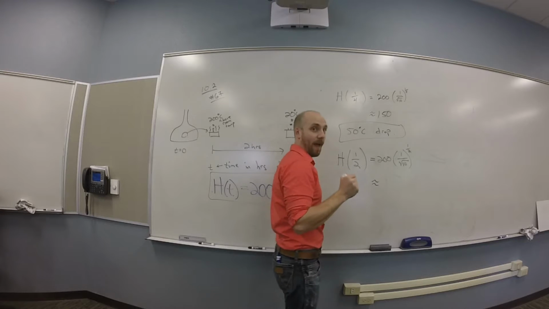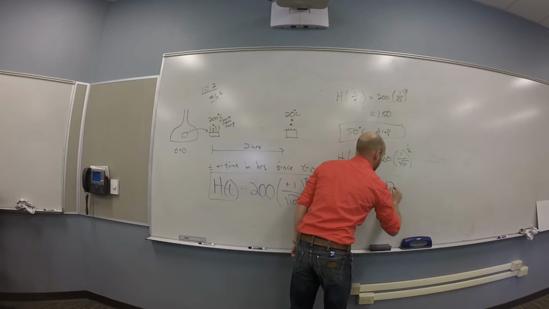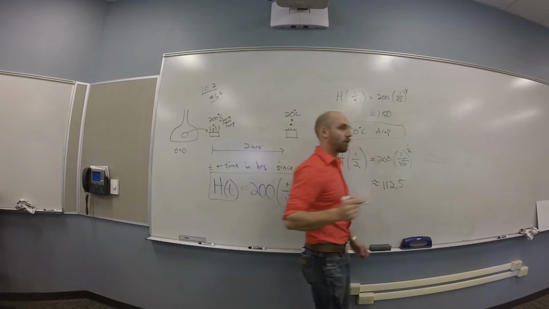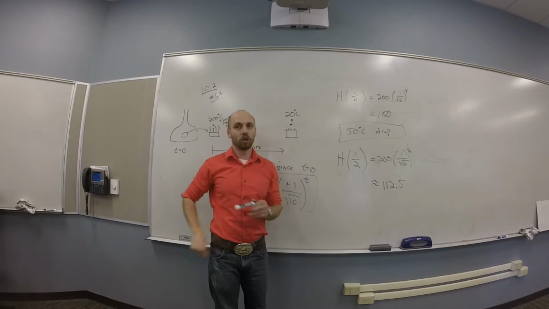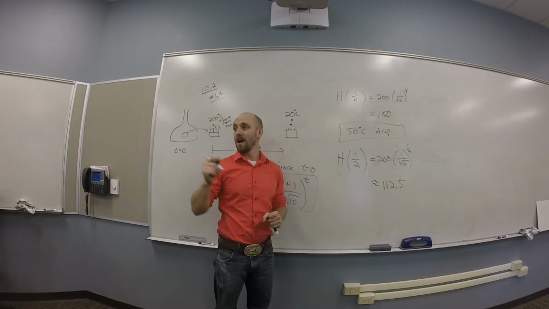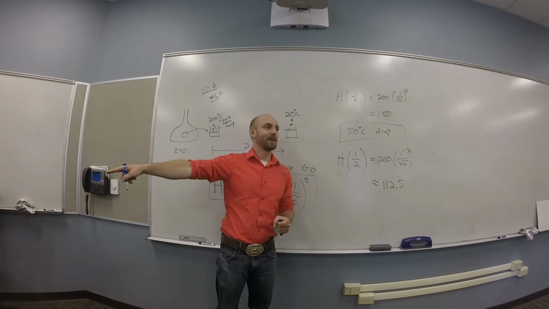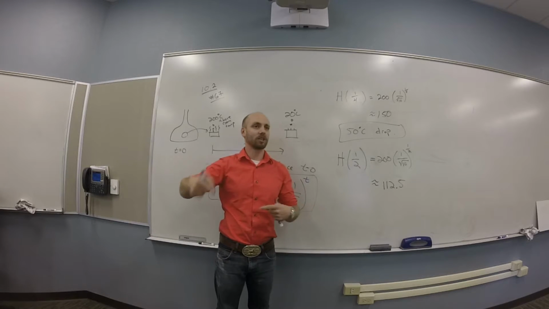What'd you guys get? Cool. Roughly 112.5 degrees. So what's your drop? Good. Make sure you're not taking the drop from the beginning, because you're doing the next quarter hour.